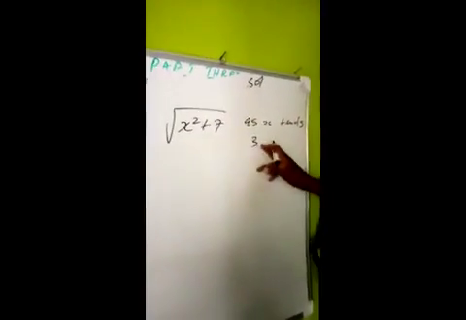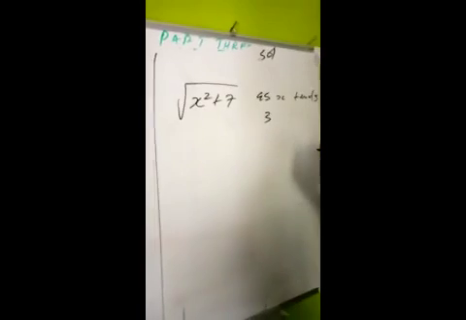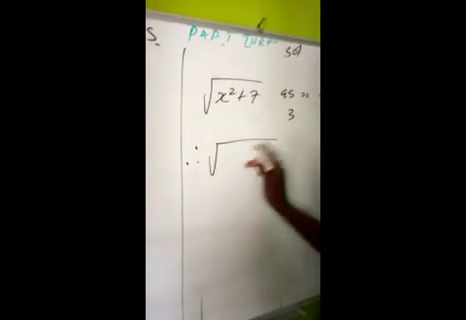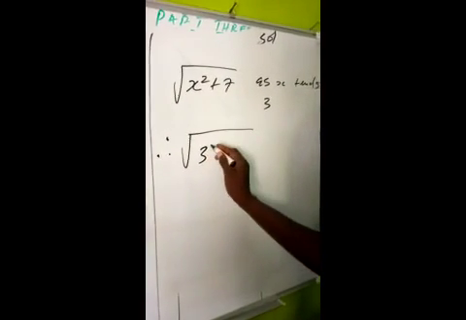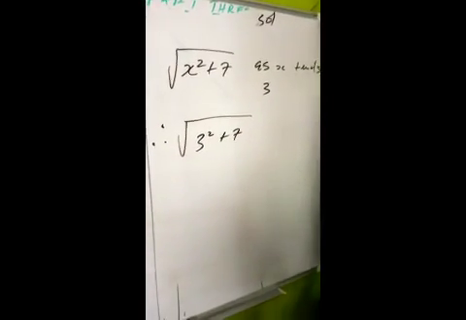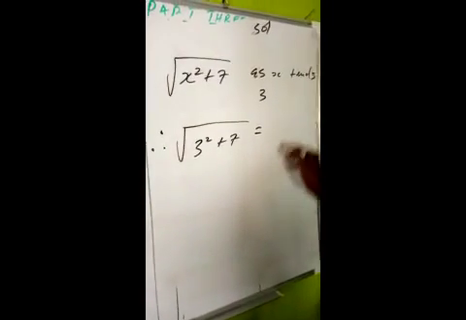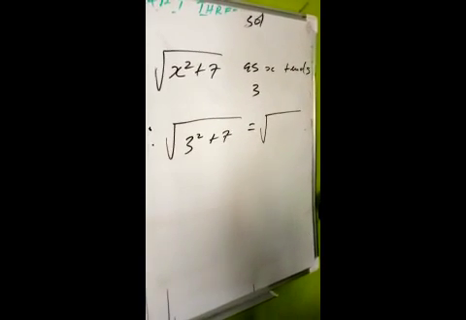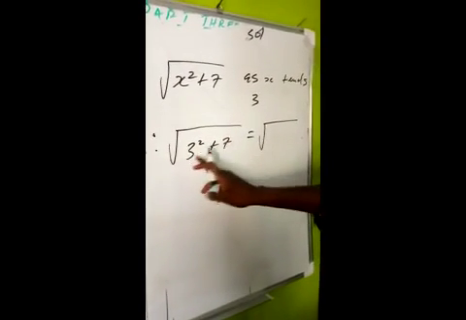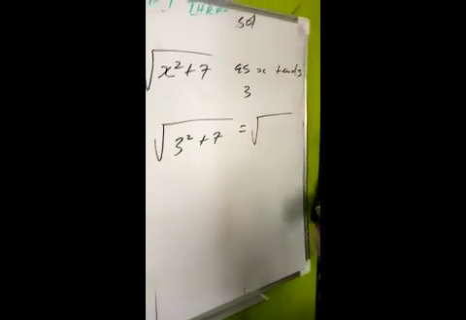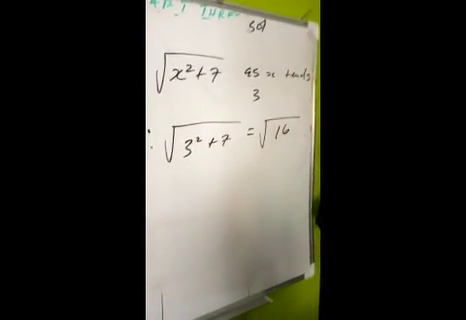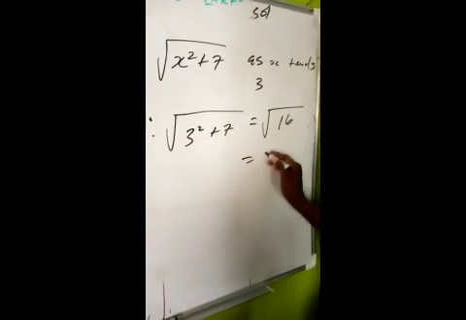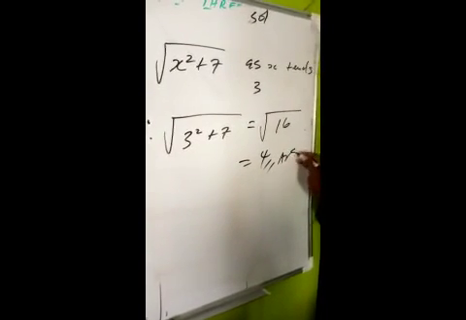So what you have to do, in any place you see x, you put 3. So here we have 3 squared plus 7. My 3 squared is 9. Then 9 plus 7 will give me 16. For me to eliminate this square root, the square root of 16 is equal to 4. So this is how to do it.